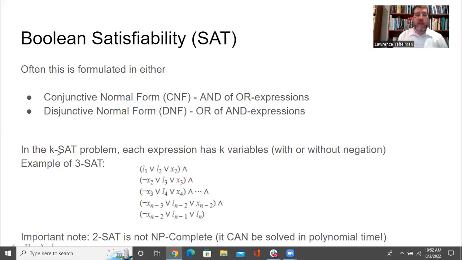More generally, in the k-SAT problem, each clause has k variables. But this is 3-SAT. 2-SAT is not NP complete; it's an easier problem when there are only two in each. The other thing to point out is that if something is not in 3-SAT format, I can make it into 3-SAT format.